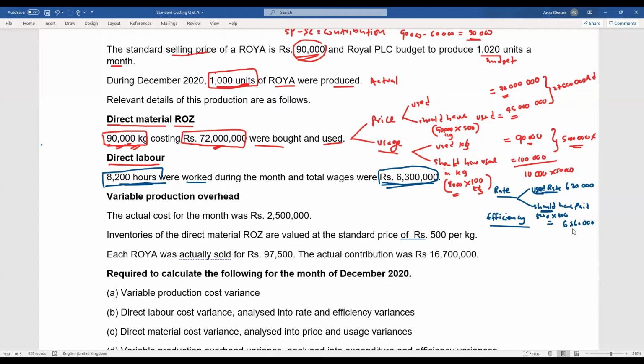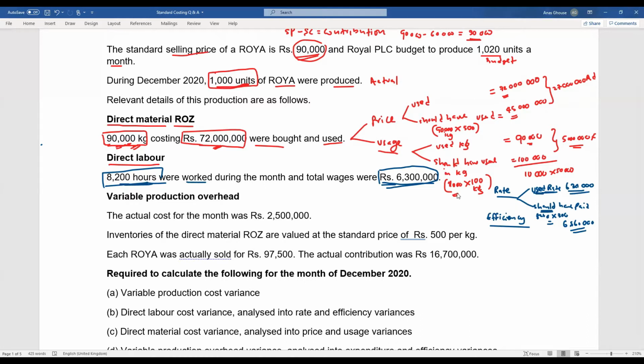So therefore, we should have paid 6,560,000 for these 8,200 hours, whereas we paid 6,300,000. So it's a favorable variance of 260,000.